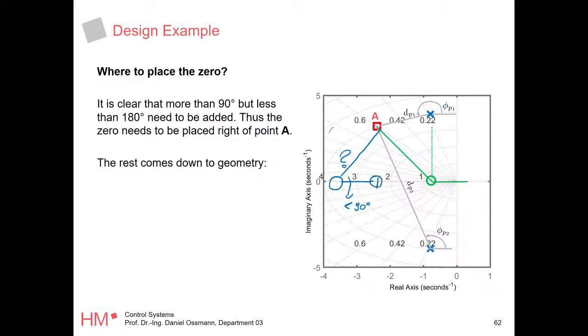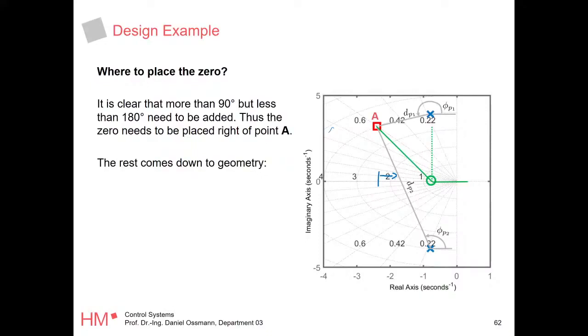And if I put it here, it's exactly going to be 90 degrees. So this is not a good idea, because we want 126 degrees, so we need more than 90 degrees. So it's definitely a good idea to put it on the right side of our point A, because we need more than 90 degrees. Now the question is where to put it exactly.